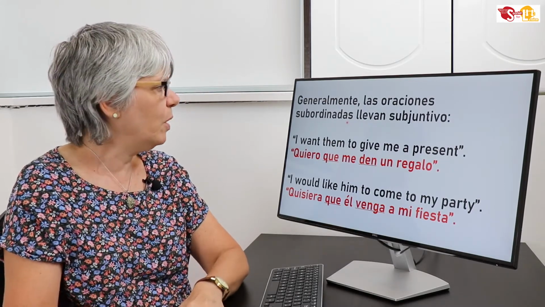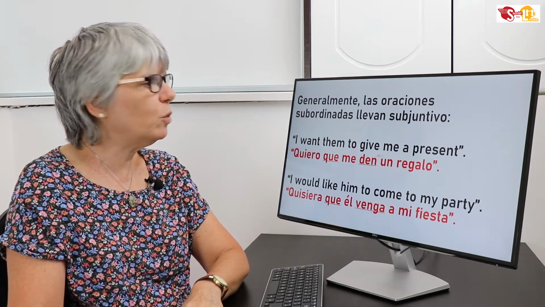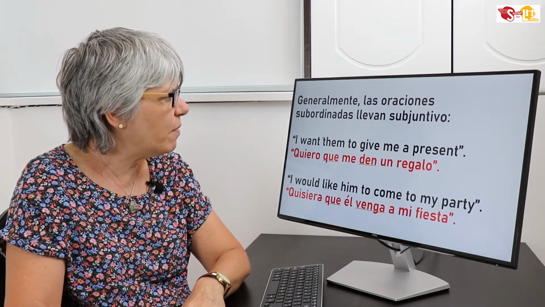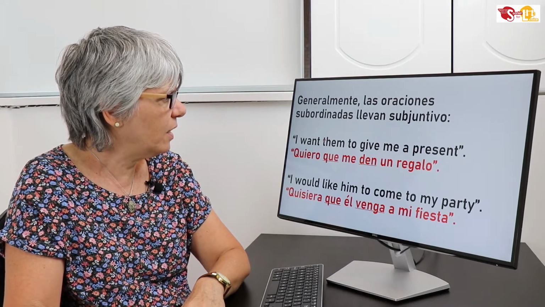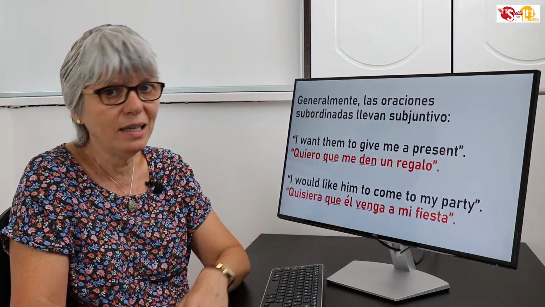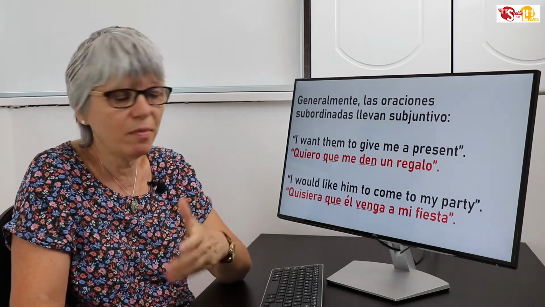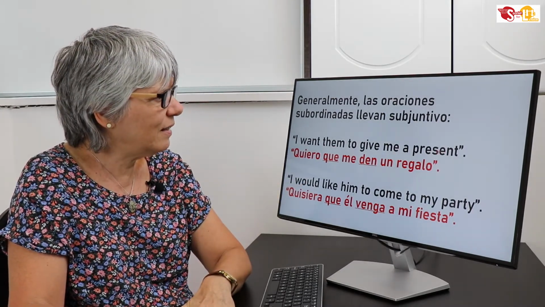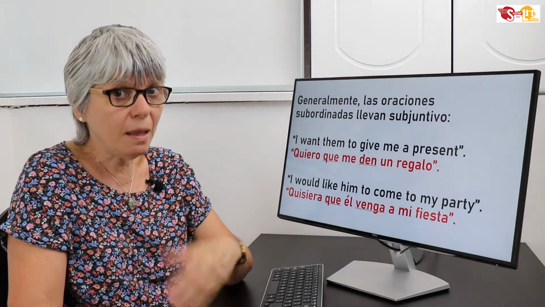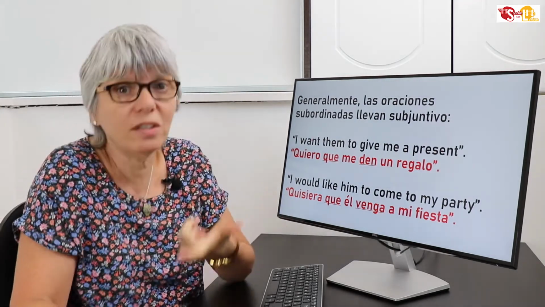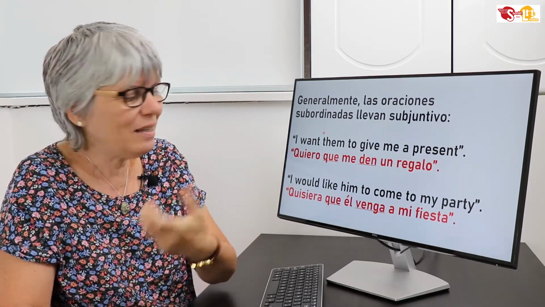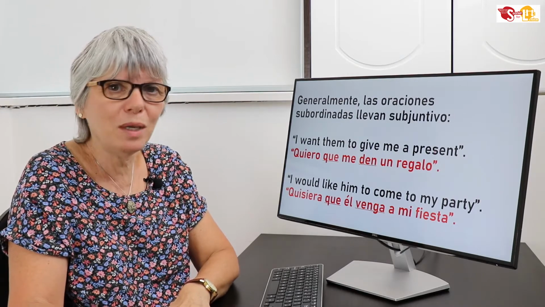For example, when I say I want them to give me a present, I'm saying that I want something. So this part, them to give me a present, could be replaced by something. I want something. So it's like a sentence inside the main sentence. The main sentence is I want something, but the something part is filled with another sentence, them to give me a present.